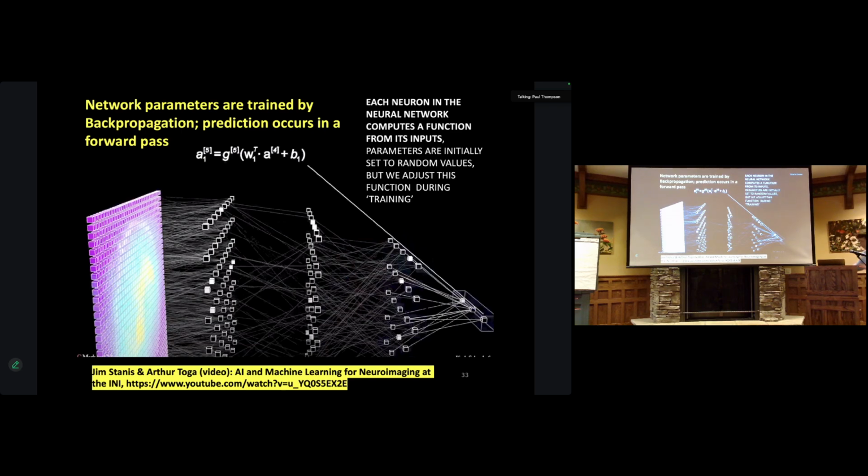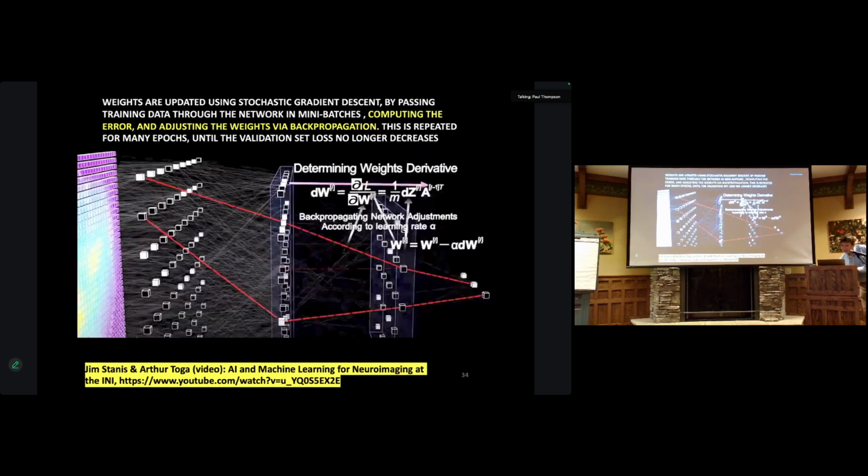And there are some cool videos, I'm sure you've seen these before. Usually the weights are updated using stochastic gradient descent. You take a batch of training data, you figure out what the loss function is at the end, and you tune the parameters of the neural network such that the loss is reduced. You compute the error and adjust the weights by backpropagation, and this is repeated for many, many epochs.